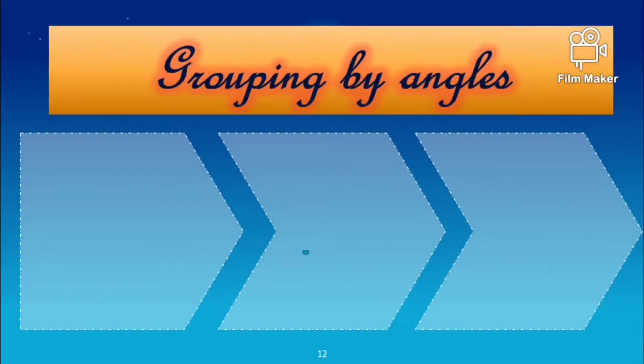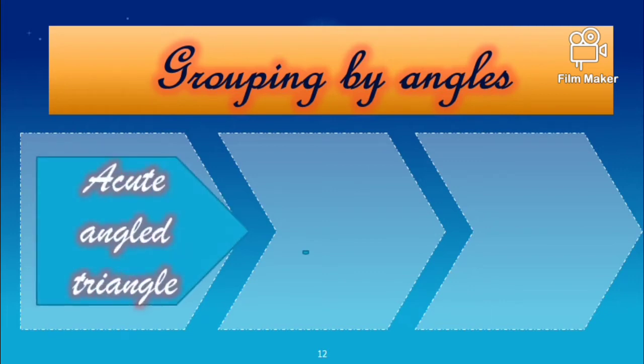As we discussed before, we can categorize the triangle according to their side and according to their angle. Now we have discussed the types of triangle according to their sides. Now let's move to discuss the grouping of triangle by angles. The first type of triangle according to their angles is acute angle triangle.